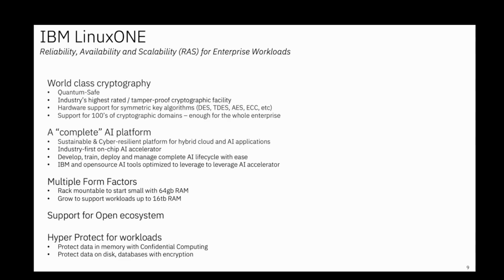And there could be several other combinations in between. It supports the whole open ecosystem, and HyperProtect for workloads is my area of interest from the HyperProtect organization. So we can protect data in memory with confidential computing, protect data on disk and databases with encryption, and much more.